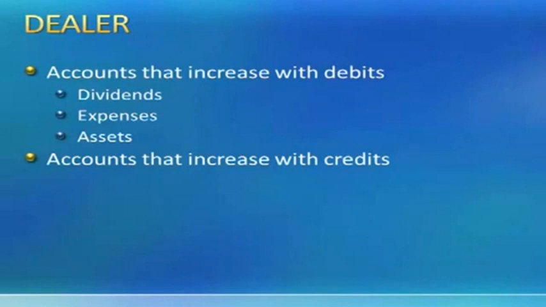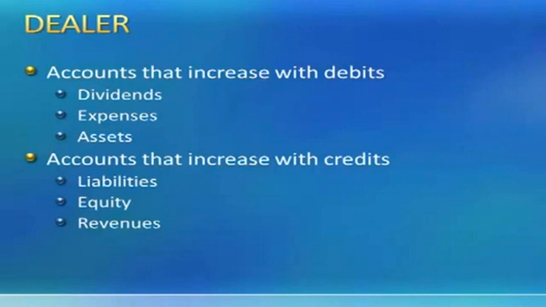Accounts that increase with credits are liabilities, equity, and revenue. In order to move forward, we have to commit this to memory. When we want to increase an asset, an expense, or dividend account, we should debit that account. If we would like to increase a liability, equity, or revenue account, we must credit that account.